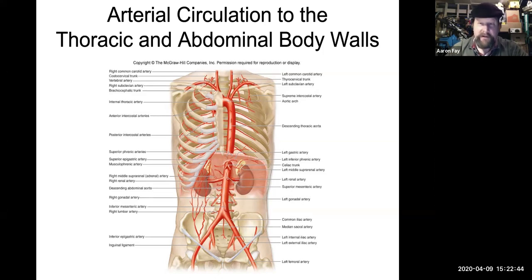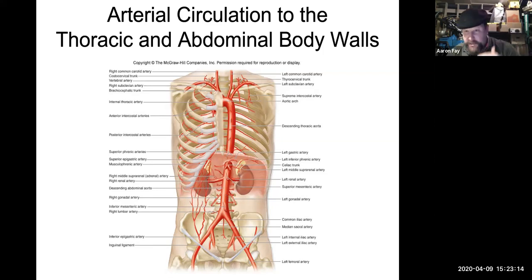Because during fetal development, testes are created inside the abdominal cavity, and before birth, in humans at any rate, they migrate down and pass through the abdominal wall, and then enter the scrotum. Because they originate in the same place, they have their roots in the same structure. So just something to be aware of. Testicular arteries and ovarian arteries are still going to branch from the same region of the abdominal aorta.